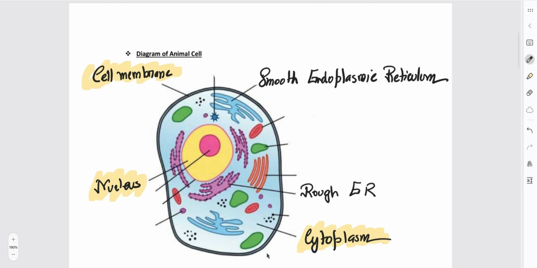Why is one smooth and one rough? Because of the presence of some dotted bodies we call ribosomes. So you see that the rough endoplasmic reticulum has some dotted bodies called ribosomes. Other than that, there is another saccular structure present right next to the cell membrane called the Golgi body.